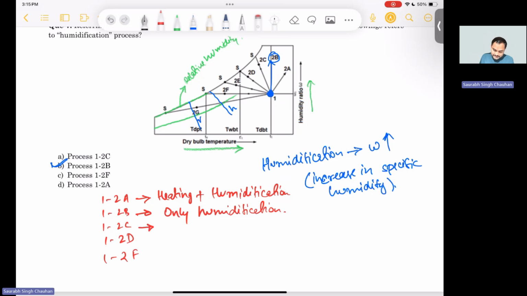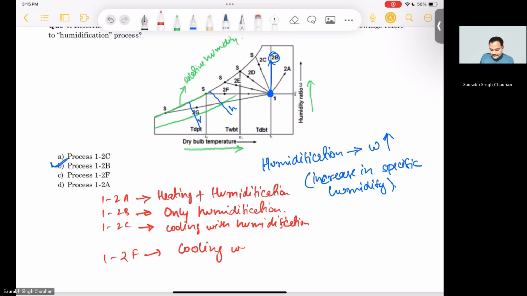And 2C is cooling with humidification. And 2F is cooling without humidification.